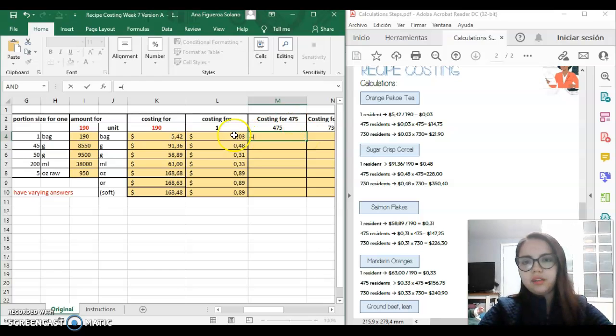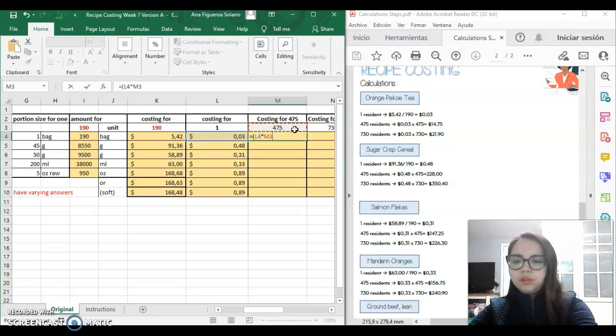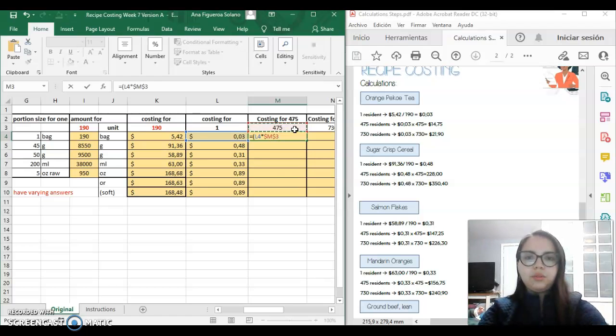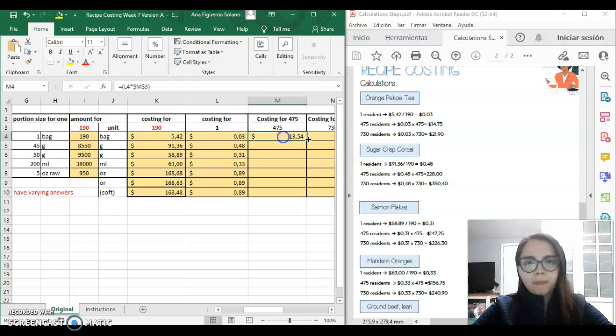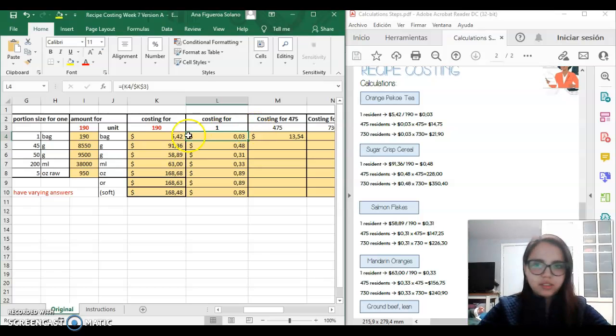Equal, open bracket, the price per one, multiplied by 475, absolute reference cell, because we need to know the 475 for all the ingredients, close bracket, and enter. It's different because the computer is not actually rounding to 2 decimals, but instead is taking all of the decimals from these multiplications. So we need to use the round function.